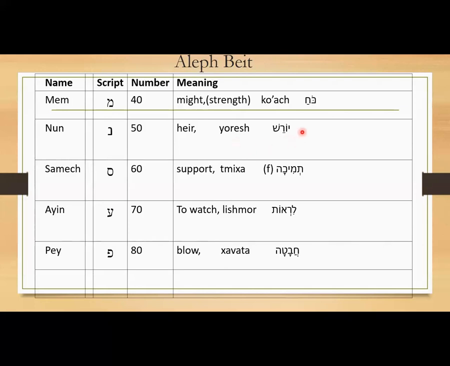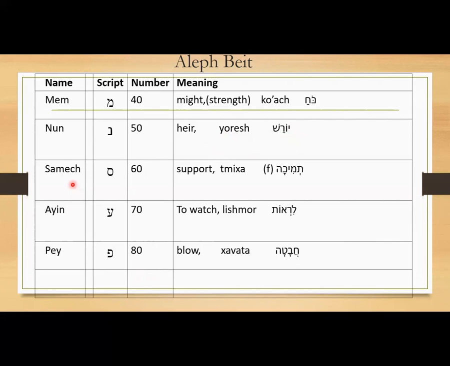This is y, o, r, e, sh, yoresh, the air. If I say the air, I've got to say ha-yoresh. Remember, the definite article is ha. But an air is just yoresh. Okay.